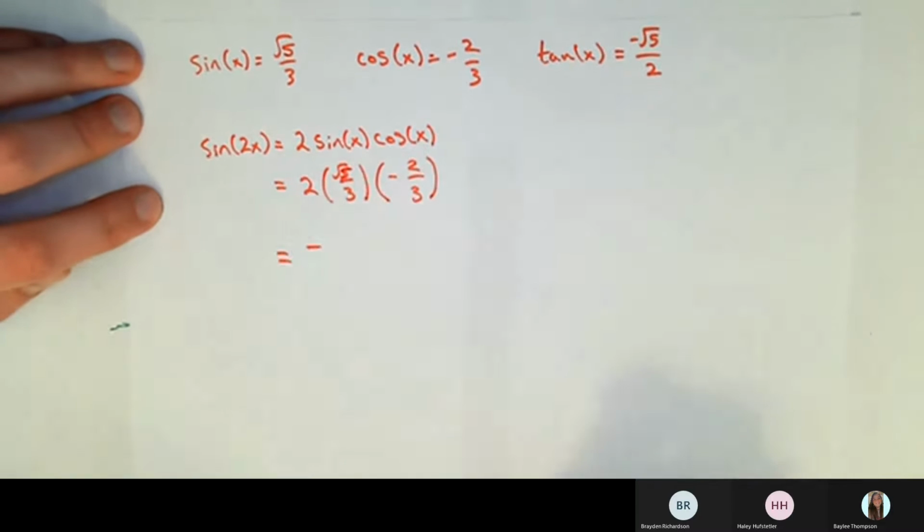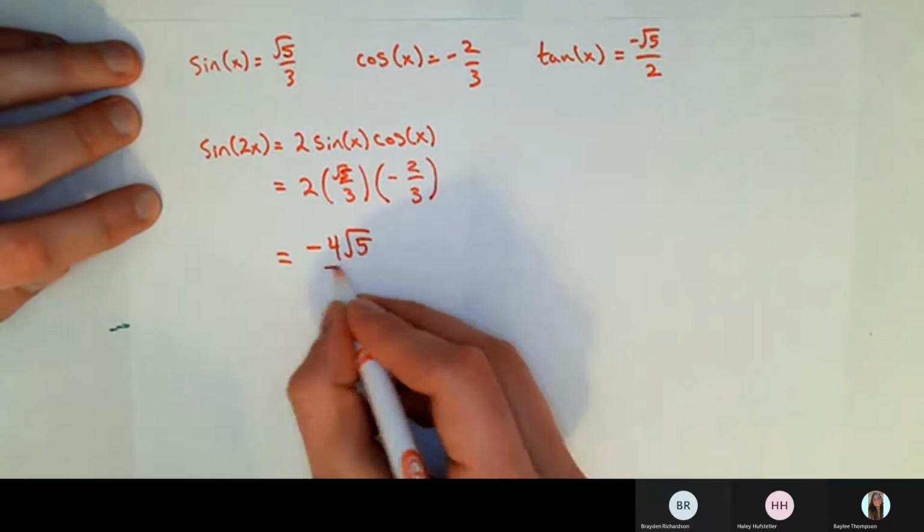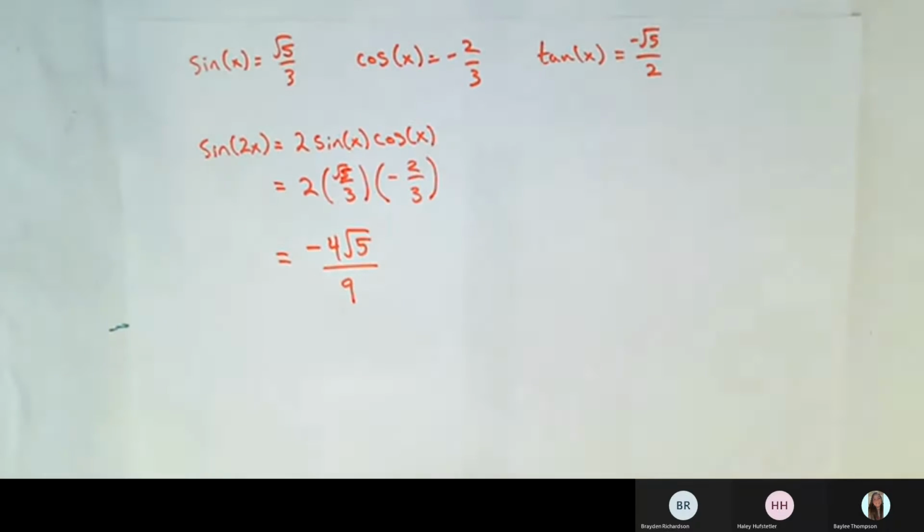So it's going to be negative. Positive, positive, negative, so it's negative. In the top, I'm going to have 4 square roots of 5, and then in the bottom, I should have a 9. Cool. Okay, any questions about that?